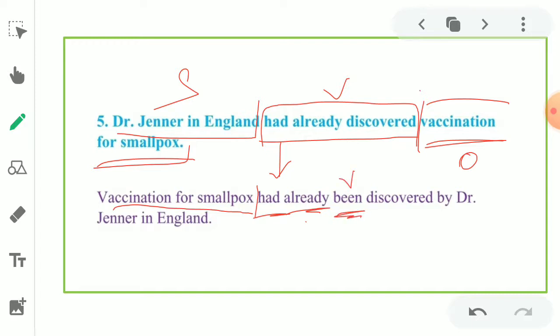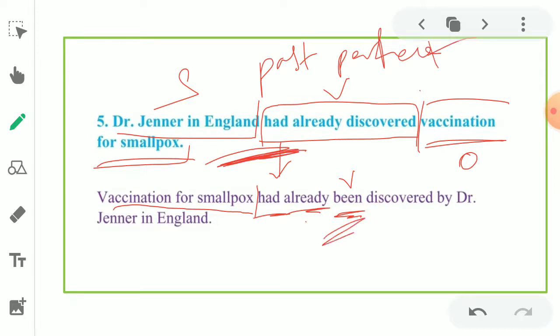But because the given active form is in past perfect, you have to take the been form. Already been discovered, V3 form, by Dr. Jenner in England. So this is the way you have to convert this sentence.